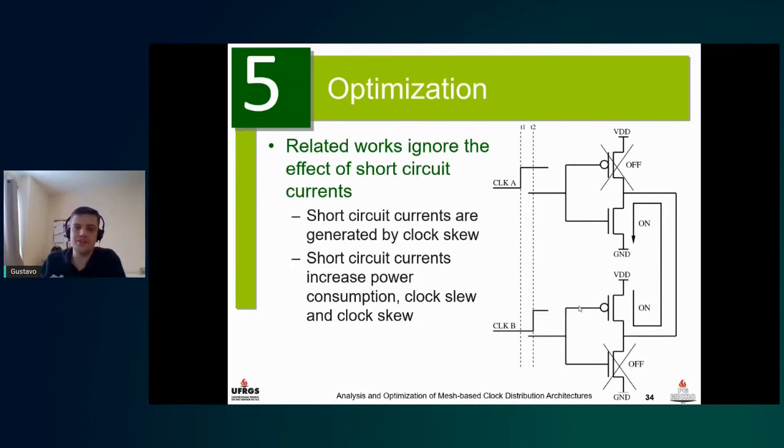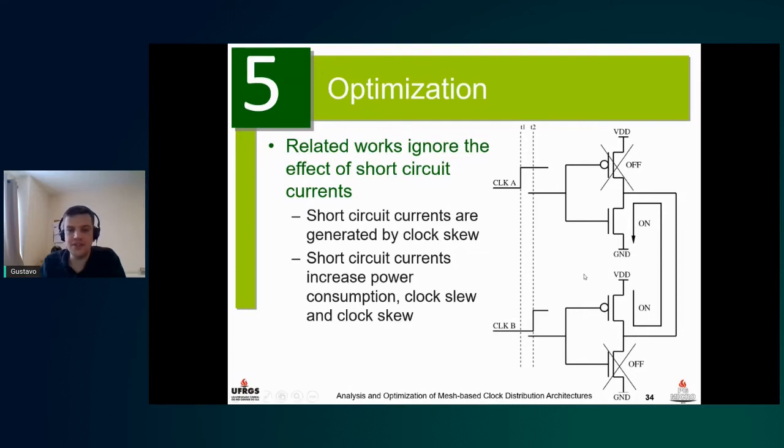As I mentioned, the previous works were ignoring the clock skew at the input of the clock mesh. What this work is doing differently is that if we consider that the clock doesn't arrive at the same time at every clock buffer, we end up seeing a short circuit current that will flow through the clock mesh.